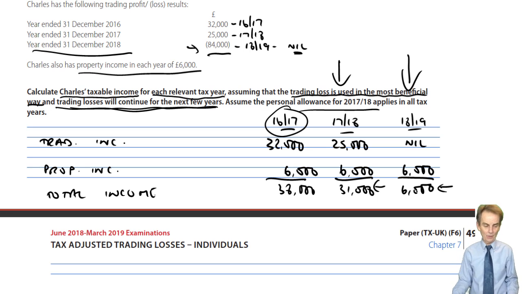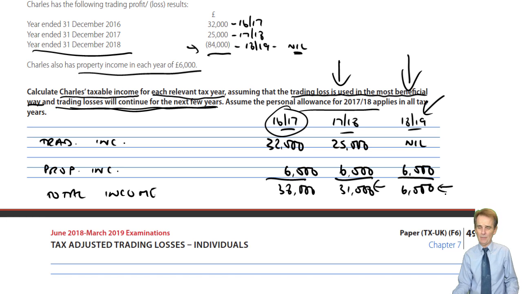Well, you answer me this. Are you going to make a claim against the total income of the current tax year? Are you really going to use 6,000 of your loss of 84,000 to go against that £6,000 of income?